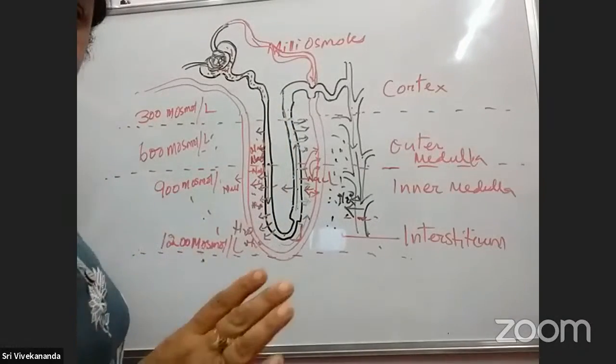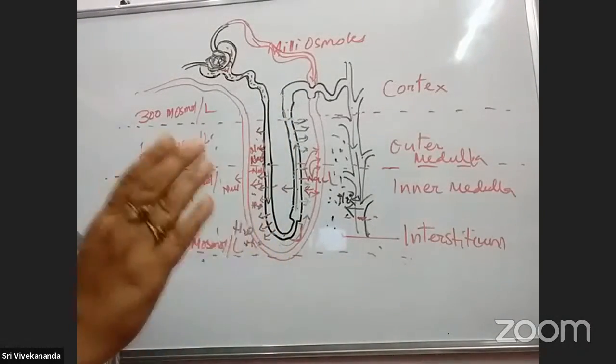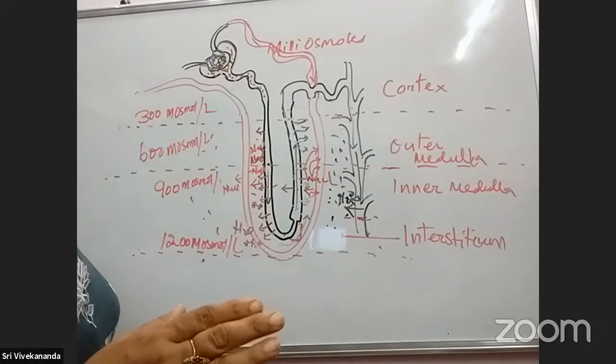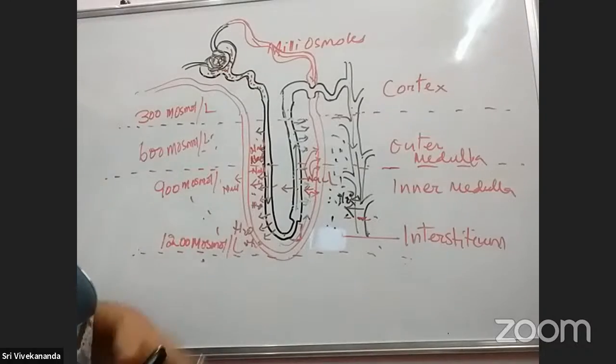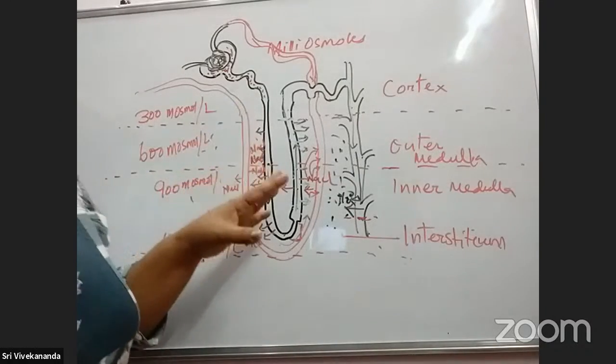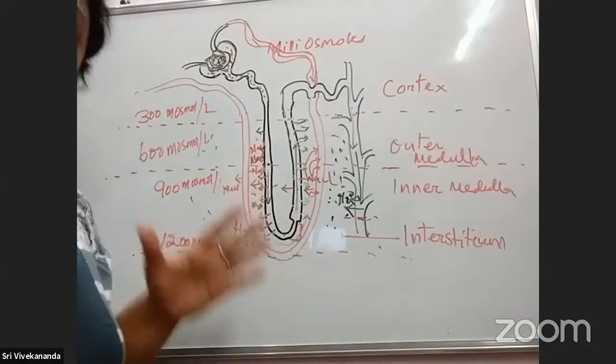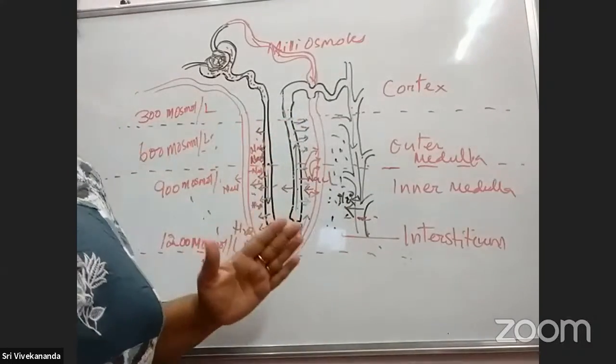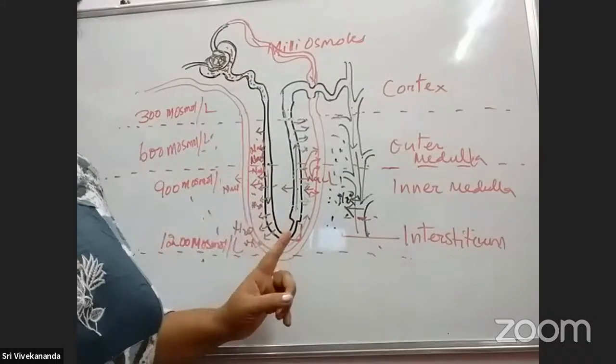Are you able to understand? Okay. So we have ascending and descending limbs for both the vasa recta as well as the loop of Henle.